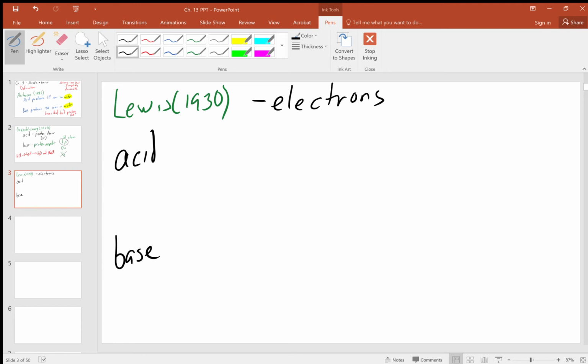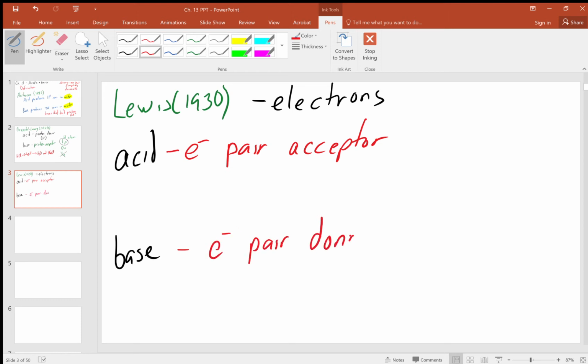So it makes sense that we would want an acid-base definition that focuses on what the electrons are doing. So finally, Lewis defined an acid as a compound that accepts a pair of electrons, and a base is a compound that donates a pair of electrons.